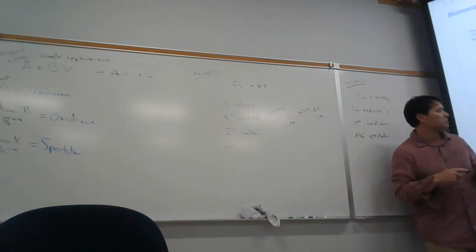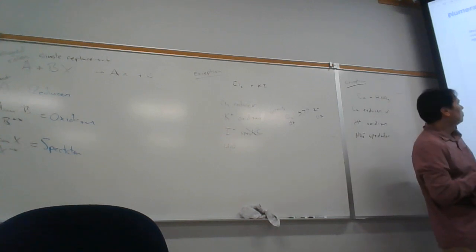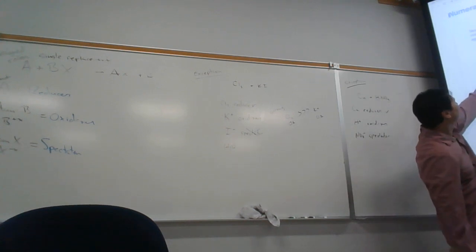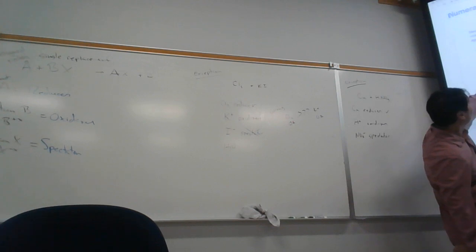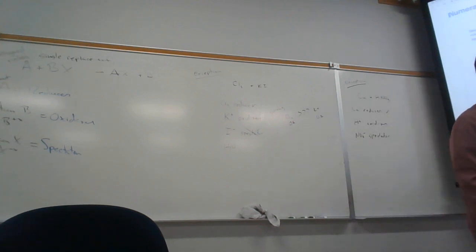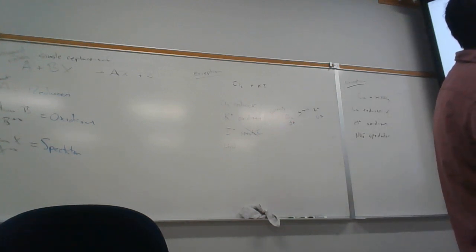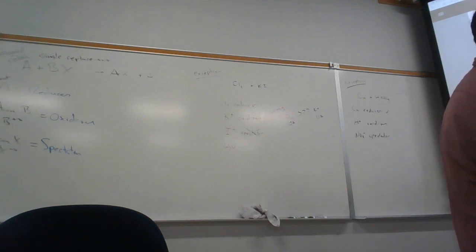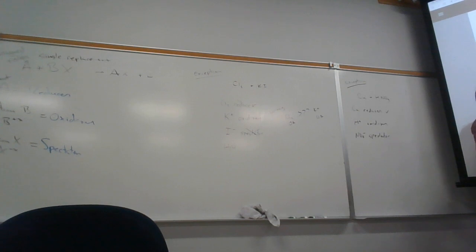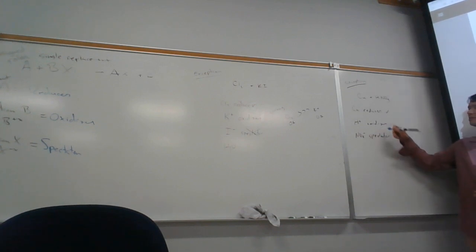And so the problem comes here. When I look at nitrate versus H plus, who's stronger? Nitrate is stronger. In this case, nitrate is a better oxidizer than H plus.